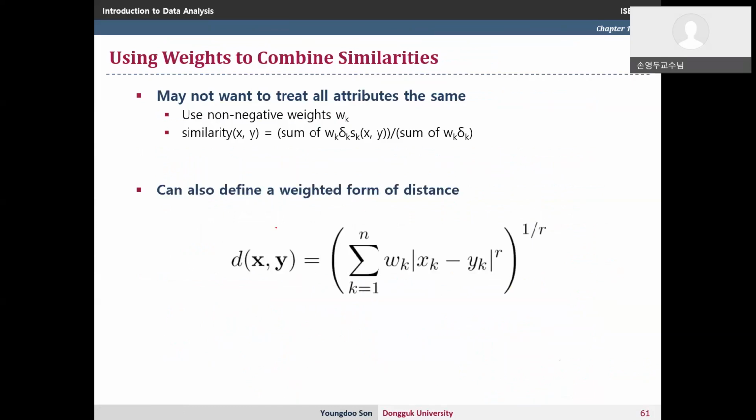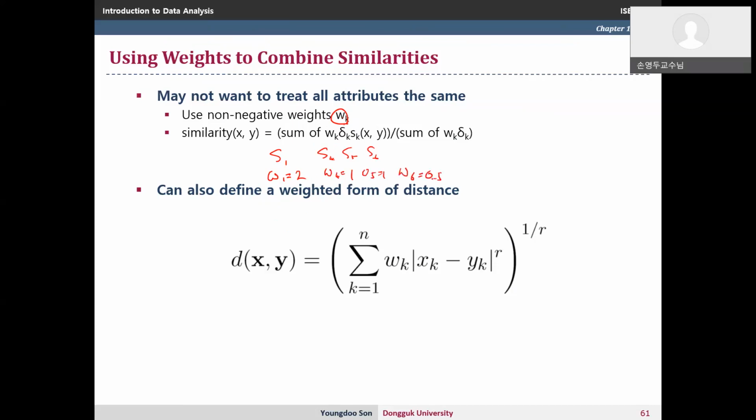And if we have different importance for the similarities, we can give weights. For example, if S1 is more important than S4, S5, S6, we can put w1 as 2, w4 as 1, w5 as 1, and w6 as 0.5.